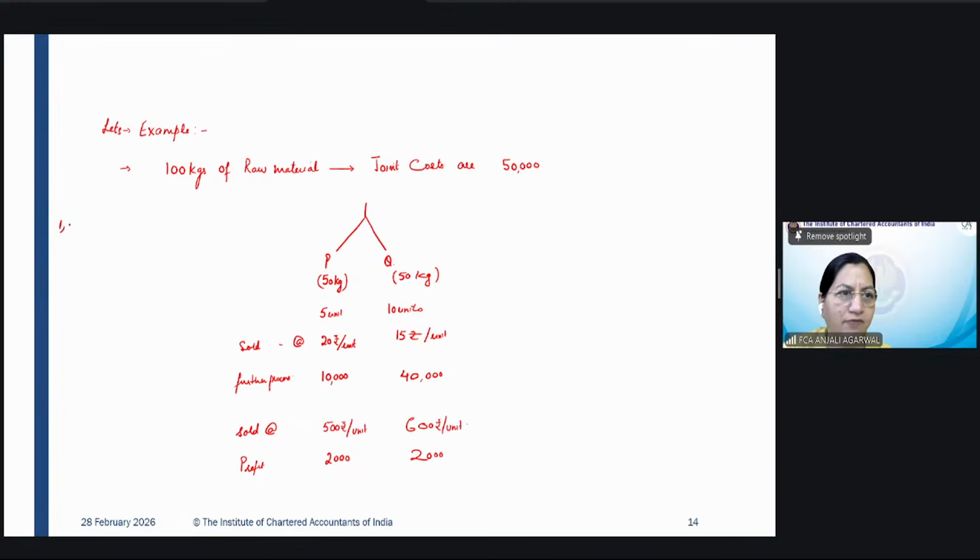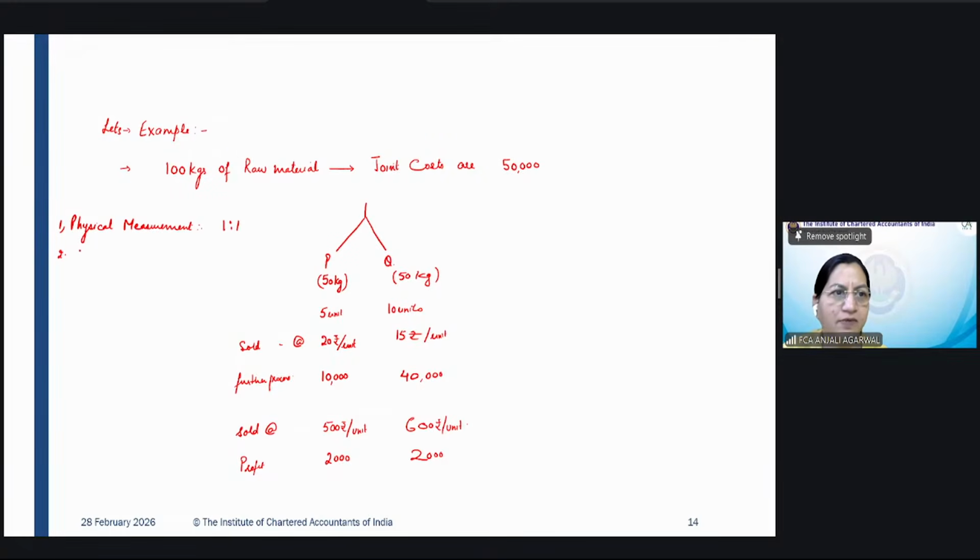So first method, physical measurement, if I use, what would be the joint cost? 50 kgs each. 100 kgs is the total raw material, 50 kgs is each. So the ratio will come out to be 1:1, right?